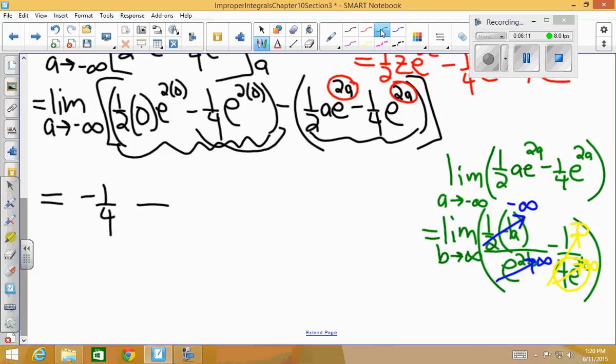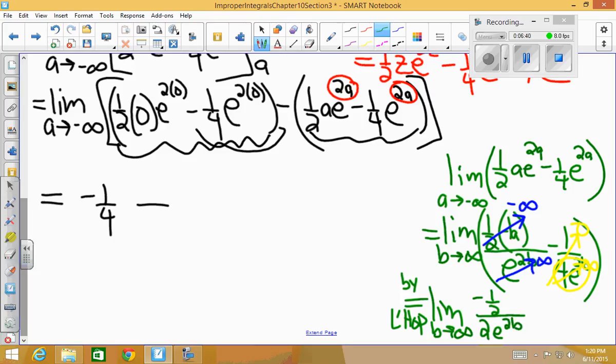Well, for an indeterminate form, you could apply L'Hopital's rule. So by L'Hopital's rule, we get that the limit is equal to the limit as b goes to infinity of the derivative of the numerator, which becomes negative 1/2, divided by the derivative of the denominator, which is 2e to the 2b. You have to use the chain rule there.